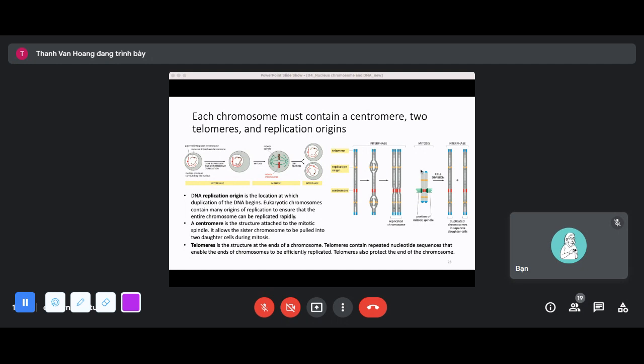After each cell cycle, the telomere gets shorter and shorter, because every cell in our body has divided many times through life, and each time the telomere is shorter.